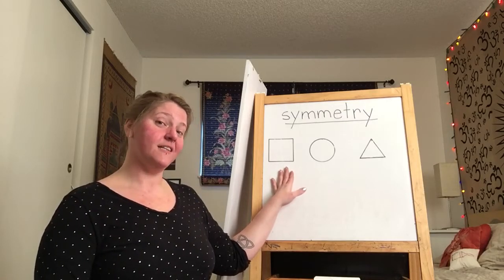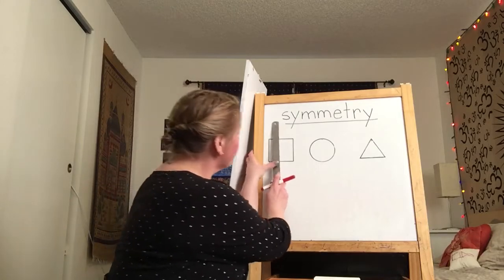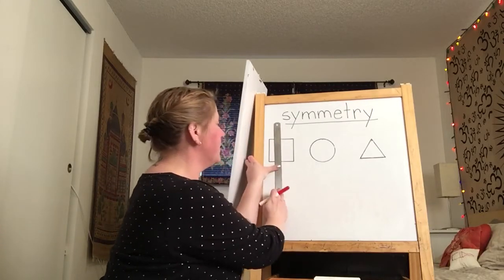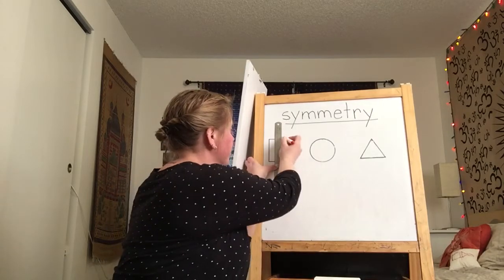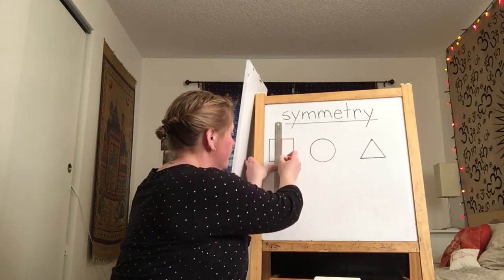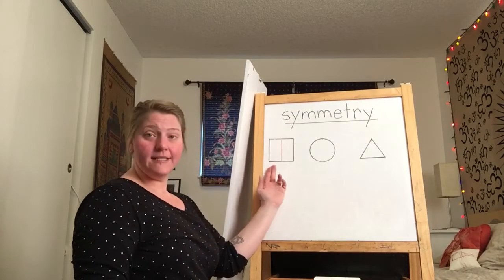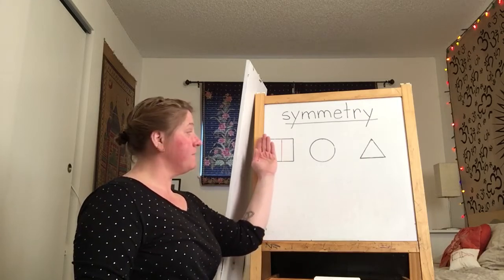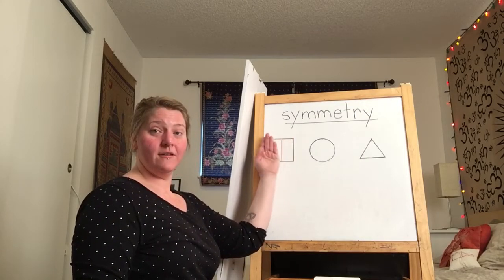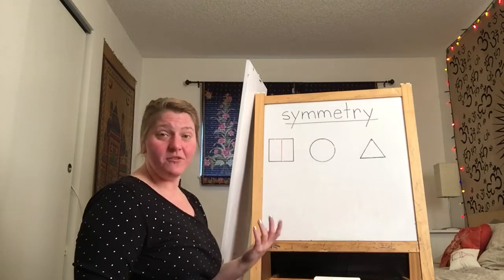That it will have an exact mirror image? Let's see. Put my ruler right here. I'm going to go vertically. Now let's see. Is this half the same as this half? Is it a mirror image? It is.